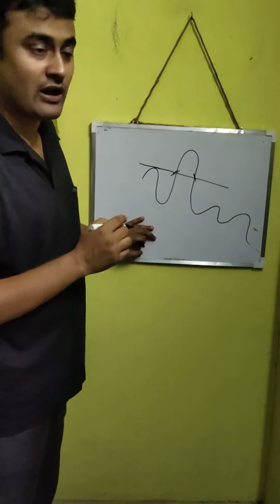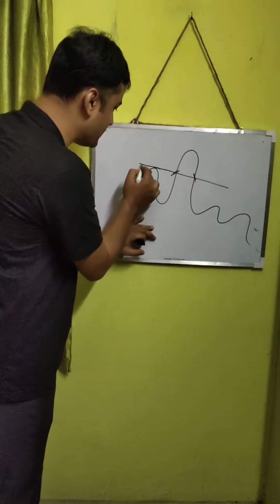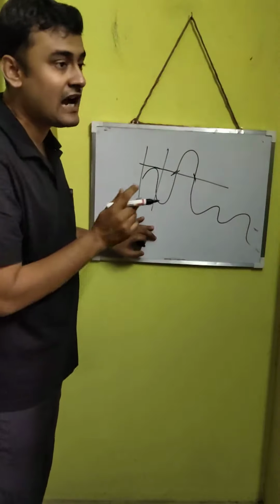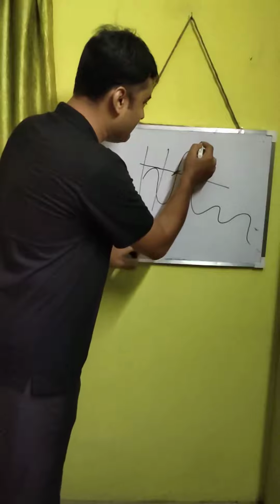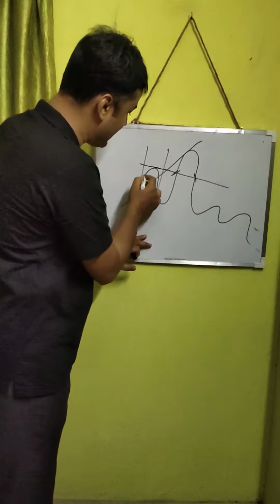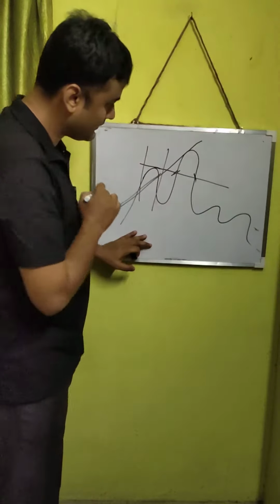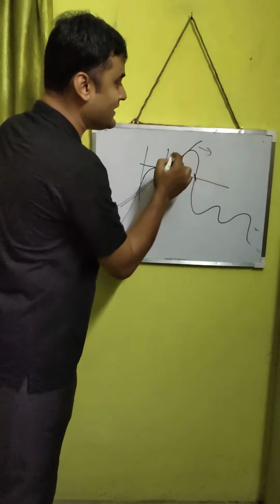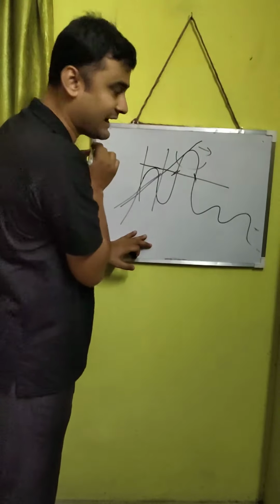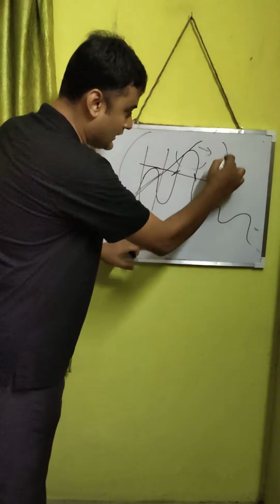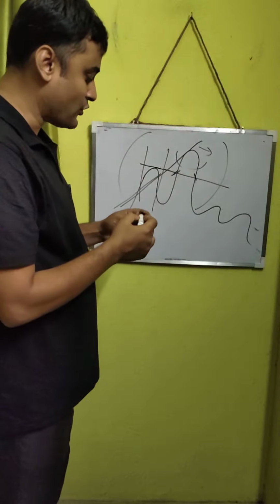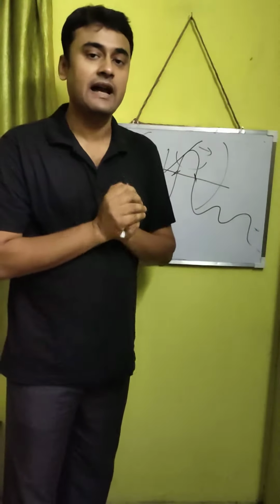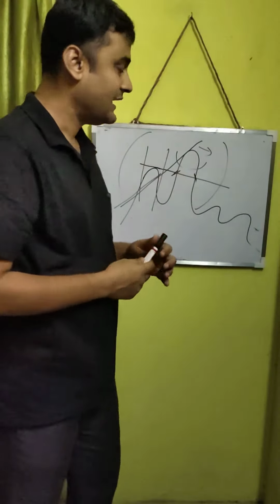So whenever we are talking about a tangent, we need to specify a particular area, a particular region in which we are talking about the tangent. If this is a tangent, this might be a chord here. Okay, this is a tangent where? In this particular area, not in this area. Okay, so this is a tangent in this area. So whenever we are talking about a tangent, we need to specify the particular region in which a tangent is there.